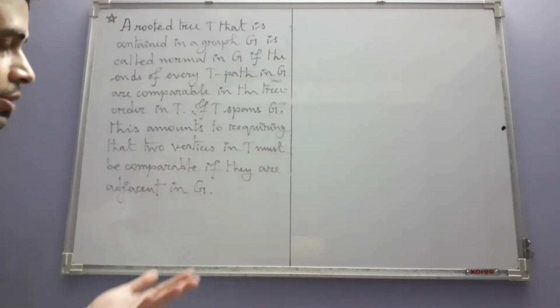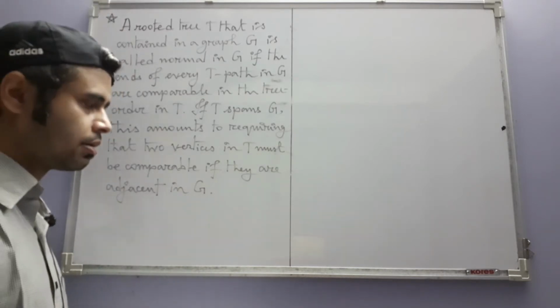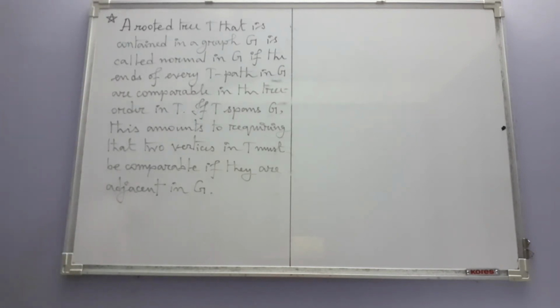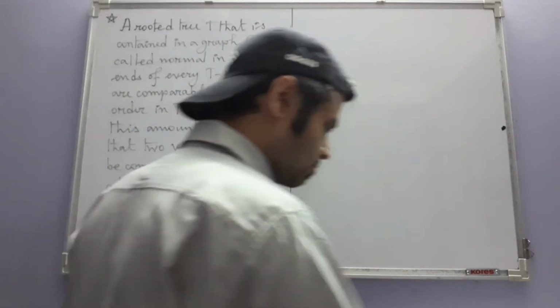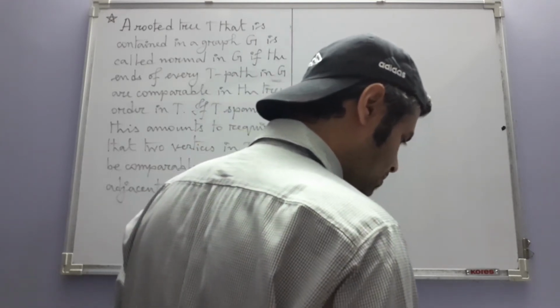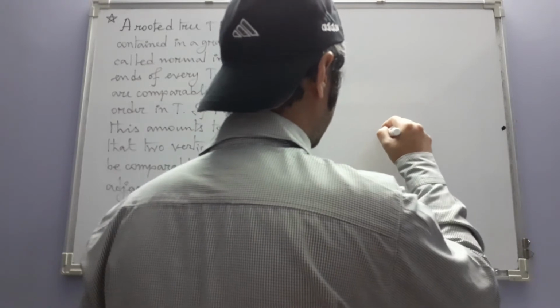Now, this is followed by an example. So let's just draw the graph in that example first, and then we will see what these things mean. In this example, the graph has 18 vertices. Let us draw it carefully.